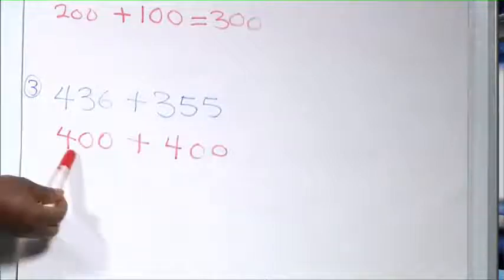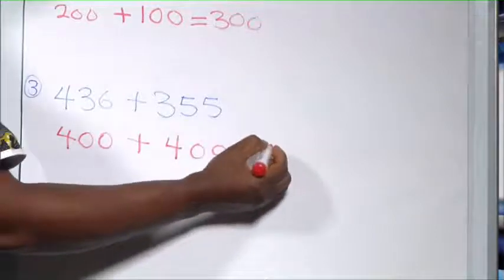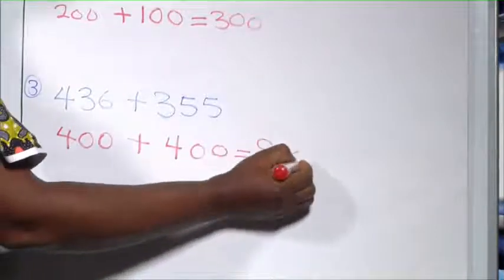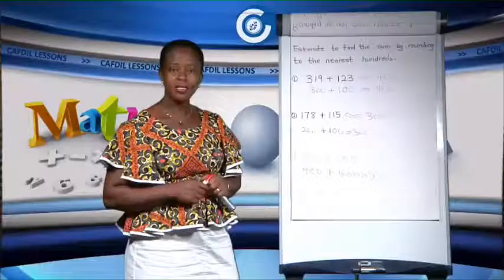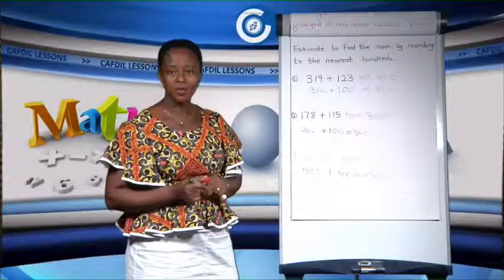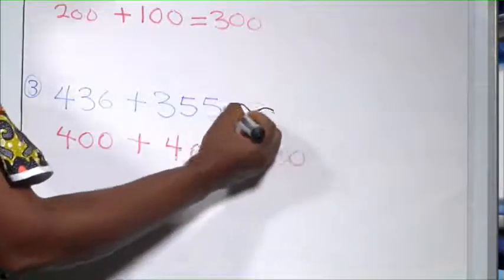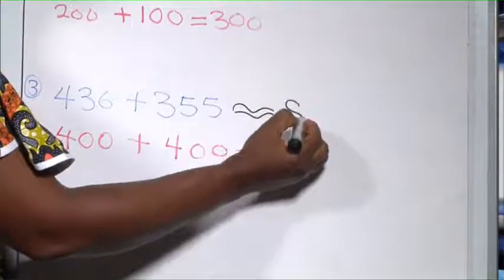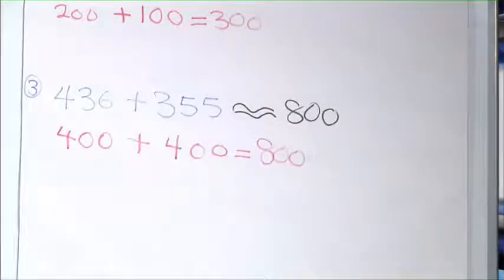Now, 400 plus 400 will give us 800. So 436 plus 355 is approximately equal to 800. I hope you had the same answer. That is good.